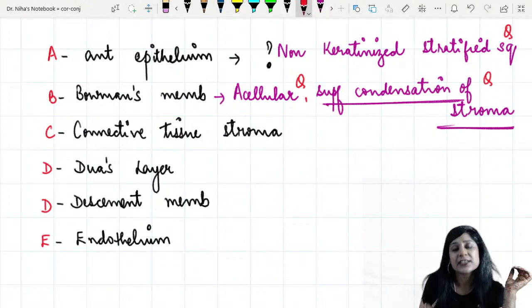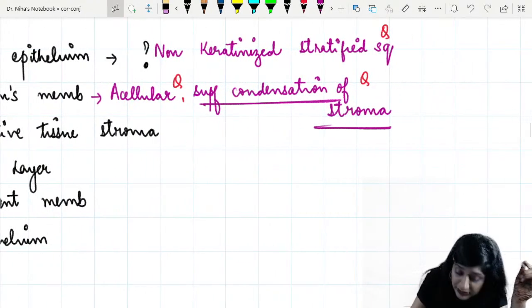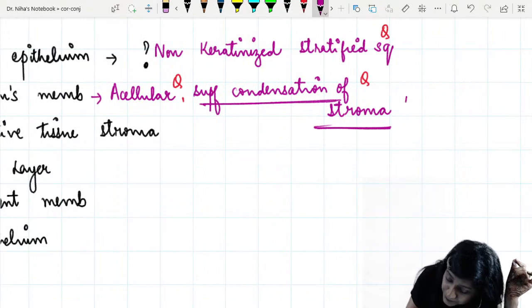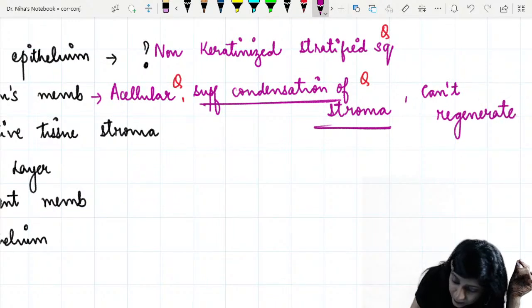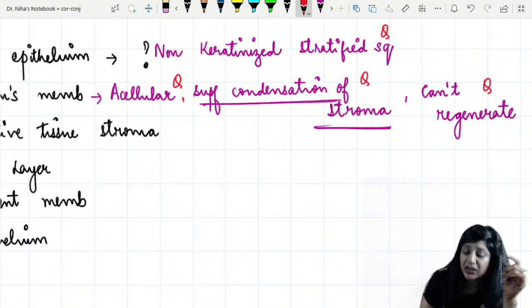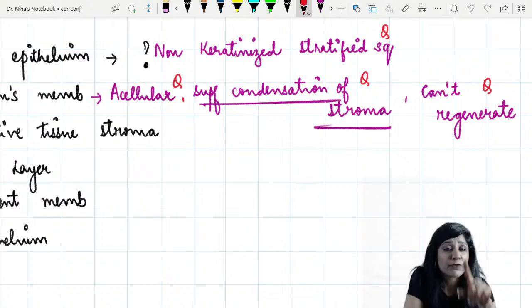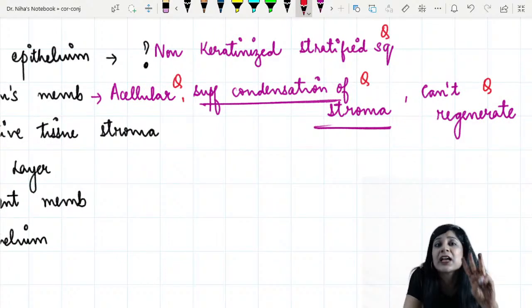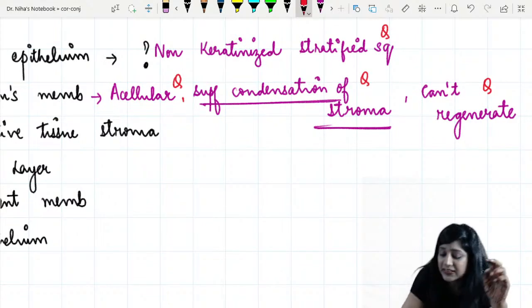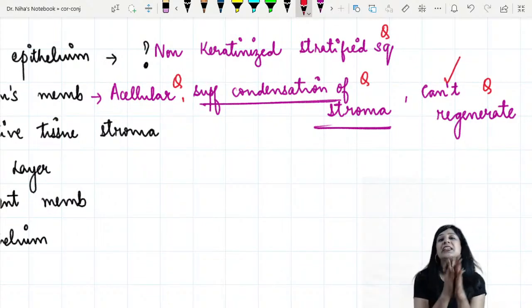So what is important about it? Therefore it cannot regenerate. 3 important questions: what is the type of epithelium, Bowman's layer is acellular, keep on learning guys. Then we have superficial condensation of stroma. It is acellular, does not have any cells, and therefore it cannot regenerate.